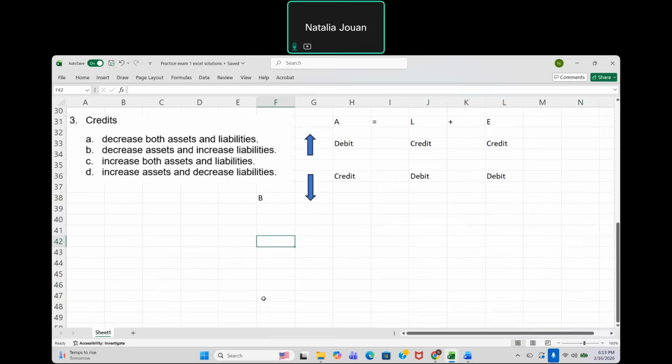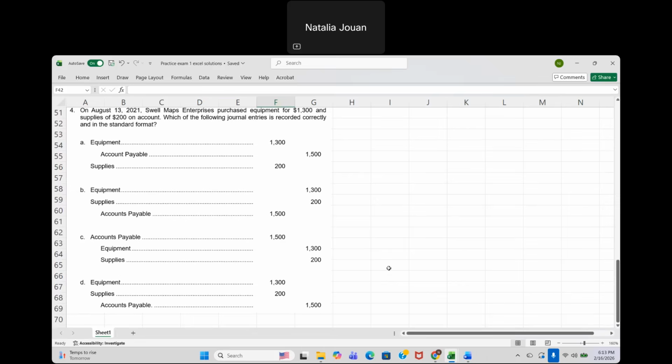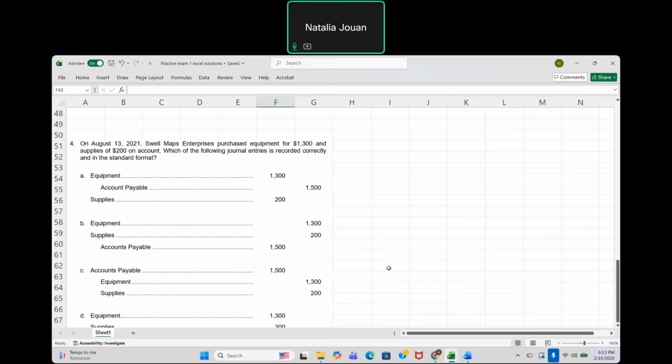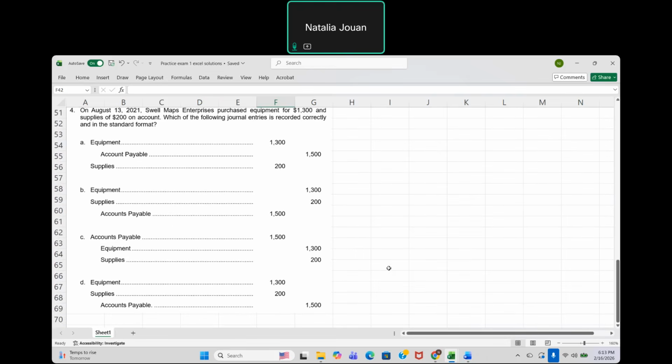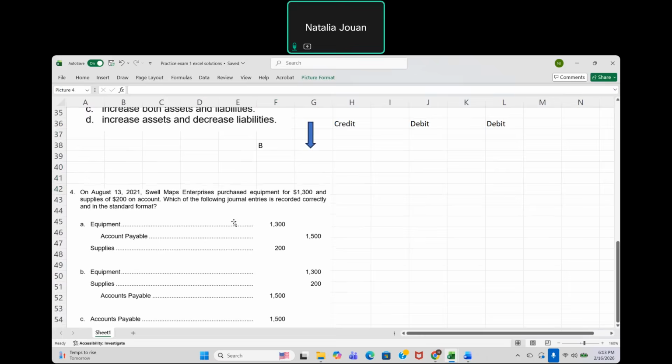Okay. Next, number 4, journal entry. In this case, we are buying equipment, we are buying supplies, and we are not paying cash. We are buying that on account. So let's go back to the accounting equation that we have here.